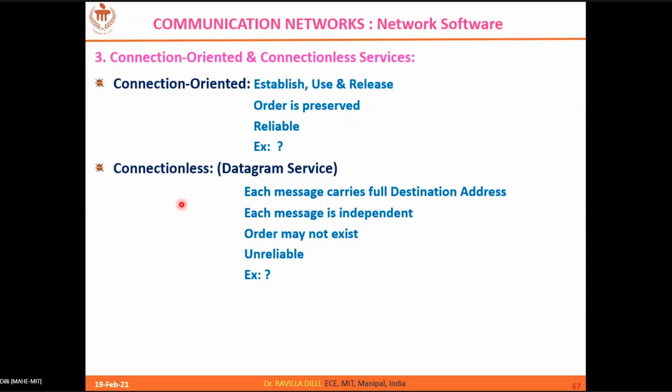When there is a glitch in a small corner of the screen, you can't see the image properly, but you are still okay because you want live scores. You don't want a delay of even a few seconds. In that case you go for connectionless, where delay is not accepted but loss of a few bits is accepted.